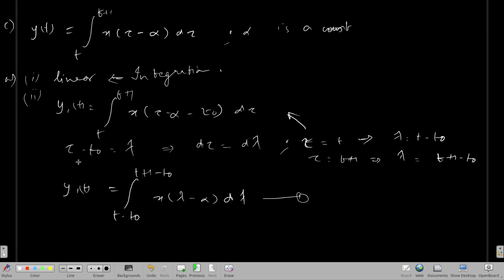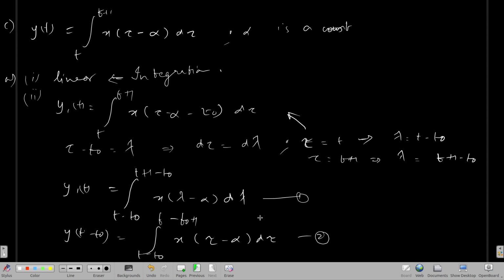And to get a shifted input, what is it? y of t minus t0 is equal to the integral from t minus t0 to t minus t0 plus 1 of x of tau minus alpha d tau.